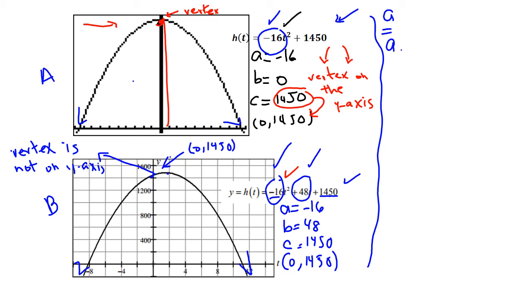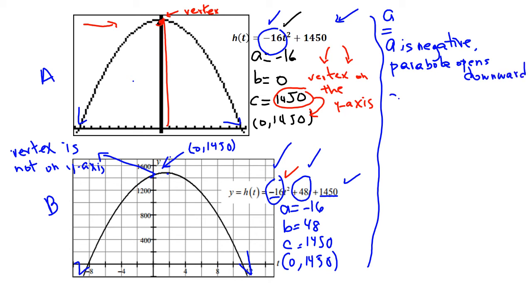So when A is negative, we're always going to see that the parabola opens downward.